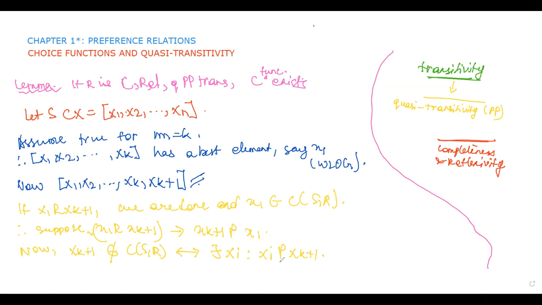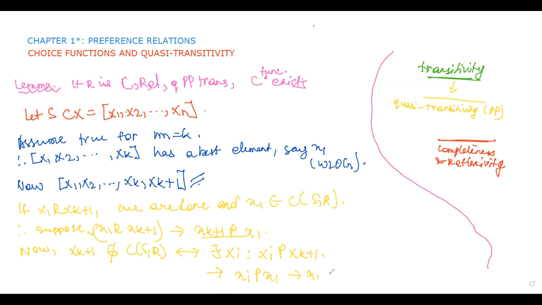Because if no such xi exists, that means xk+1 R xi is true for all i. So such an xi has to exist, but this implies xi P x1 because of this, by PP transitivity.